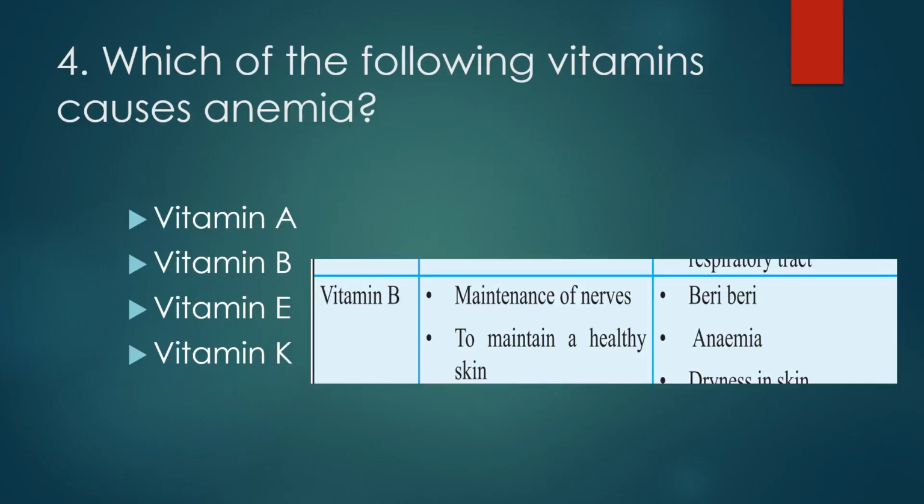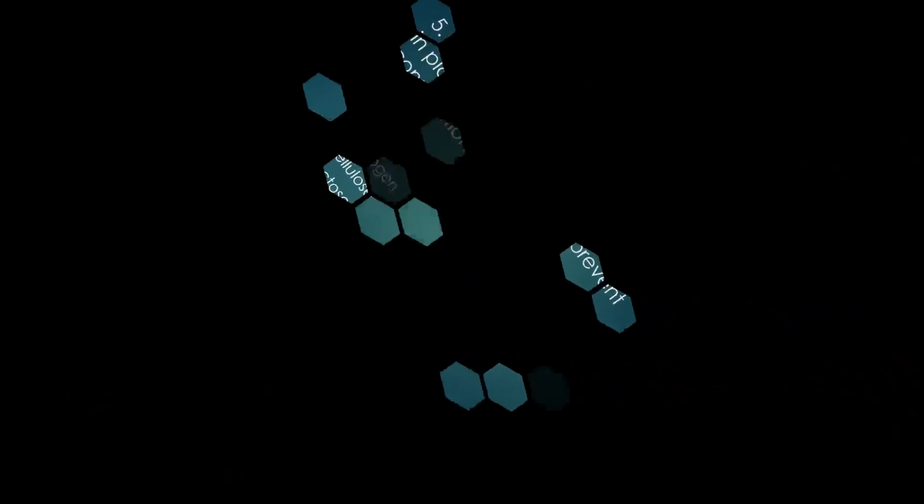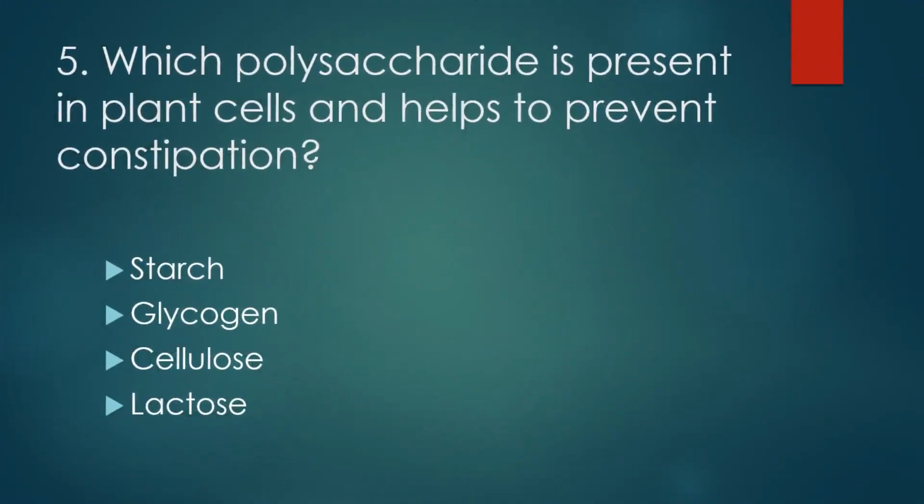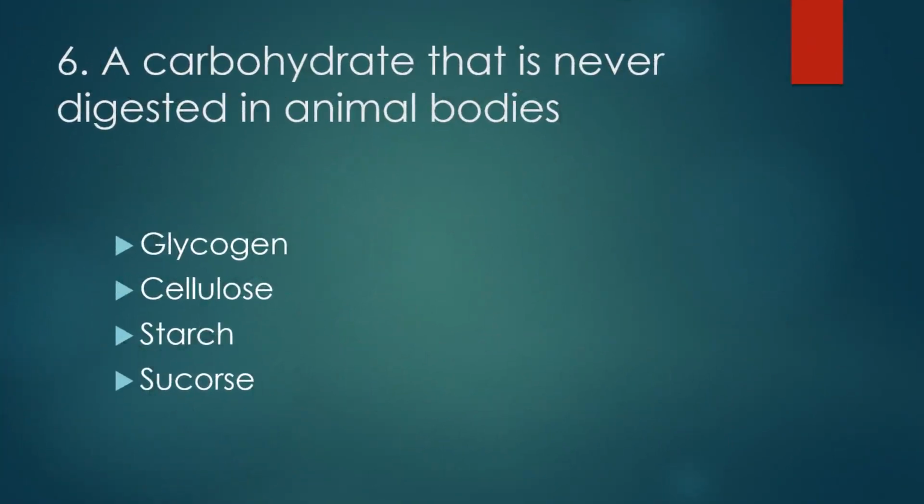Question number 5. Which polysaccharide is present in plant cells and helps to prevent constipation? I will move to the sixth one also because they are related to each other. A carbohydrate that is never digested in the animal body. The answer is cellulose. As I have mentioned earlier, question number 5 is also dealing with this one.